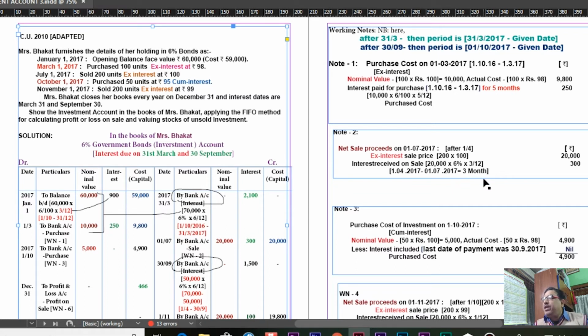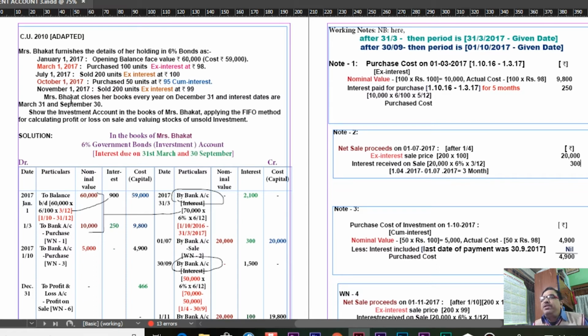That is 3 months, and charge interest thereon. Therefore, 20,000 into 6% into 3/12, that is 300. And naturally, you have to put 300 under the interest column.